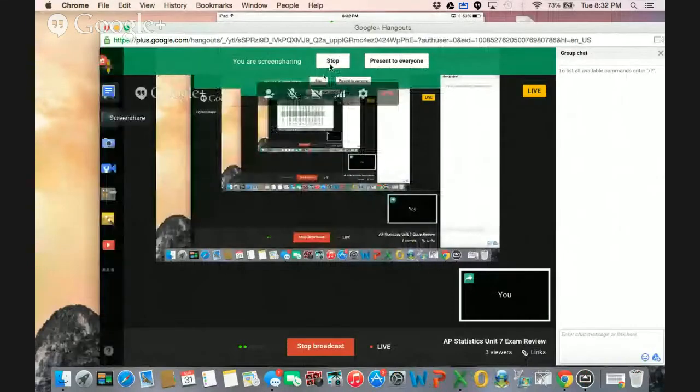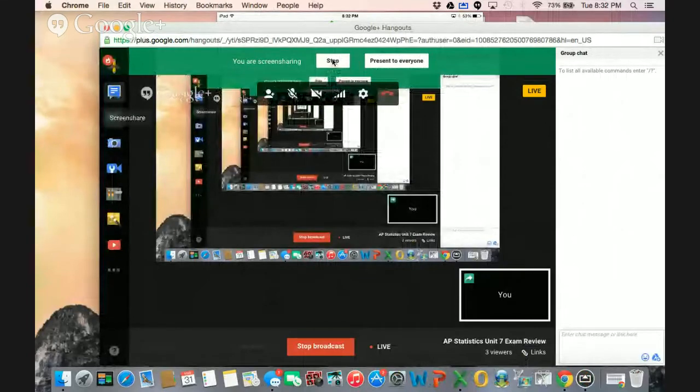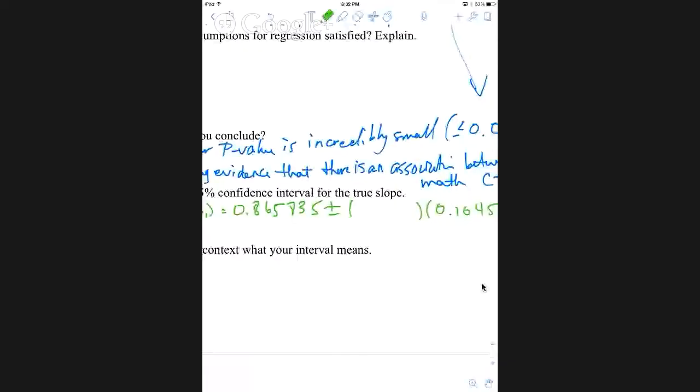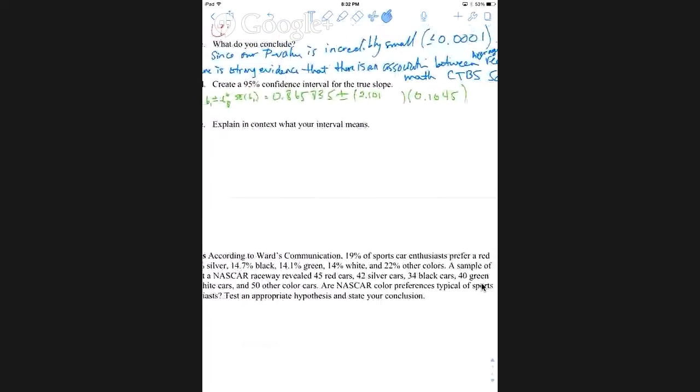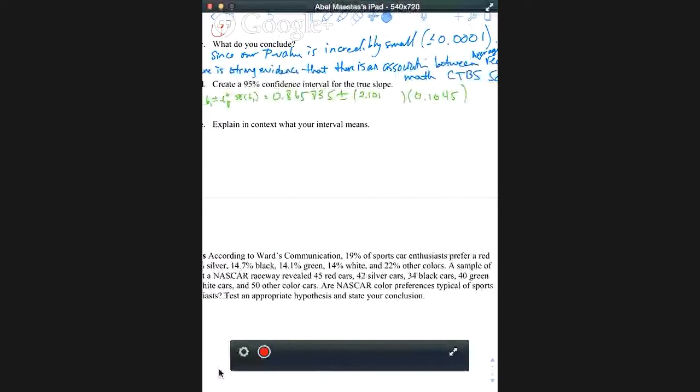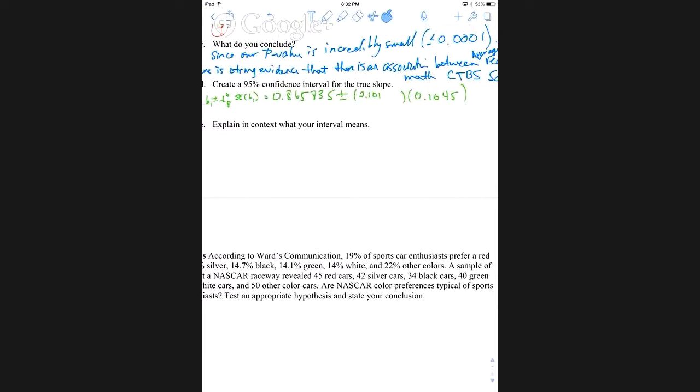Okay, so let's go back to the iPad here. Put that in there, 2.101. And then we are going to plug that into a calculator. I think I'm going to use my TI-Nspire because that's what I love to use.